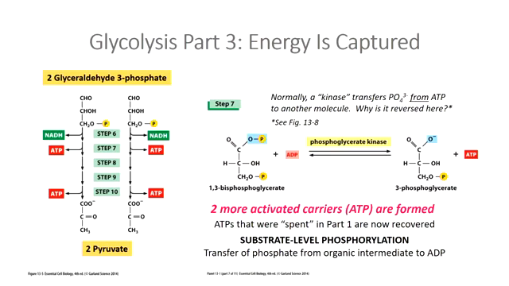In this particular case, 1,3-bisphosphoglycerate has a higher free energy of hydrolysis for this bond here than the free energy of hydrolysis for splitting a phosphate off of ATP to make ADP.